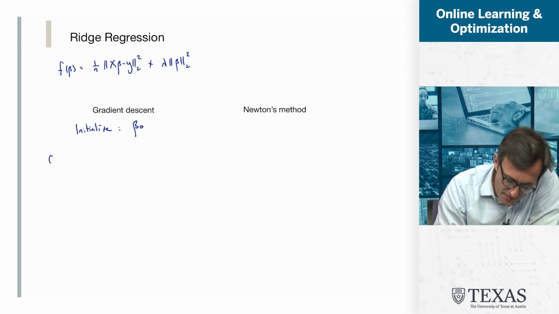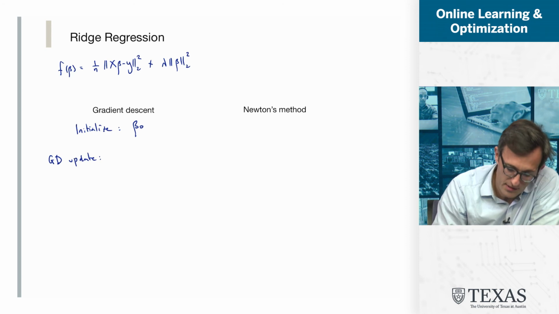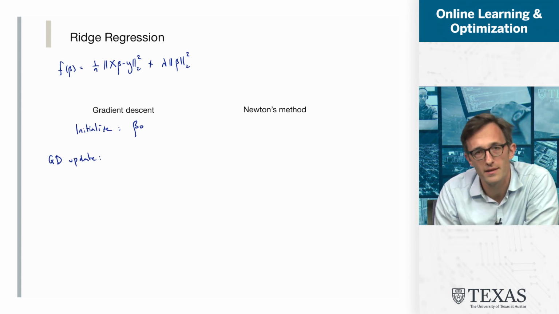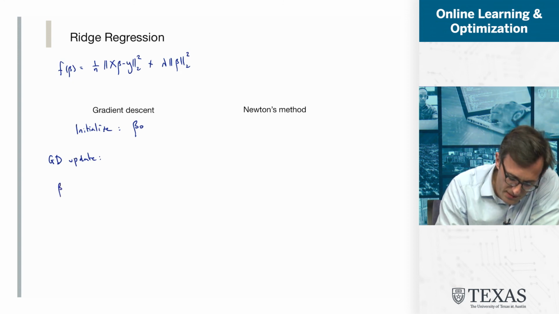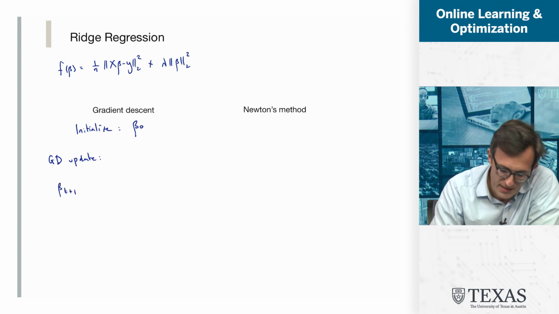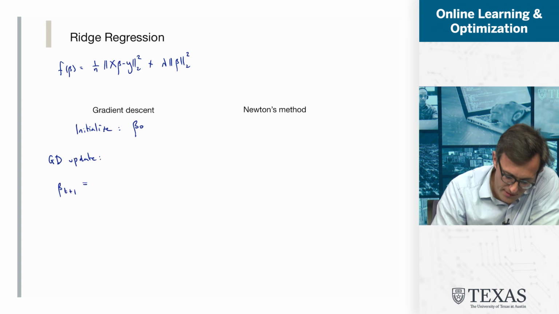The gradient descent update tells us that once we've run this update for t steps, we're at beta t. How do we get beta t plus 1? Beta t plus 1 is equal to where we were before plus an update. We'll talk about what all of this means and where it comes from as well.